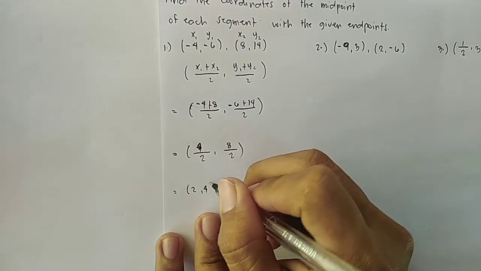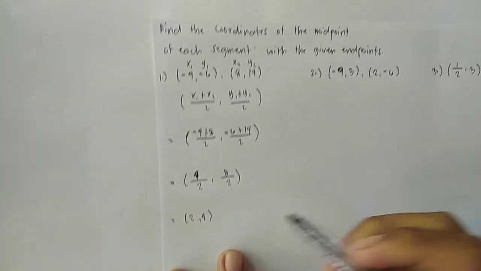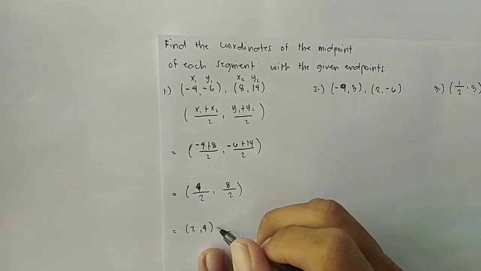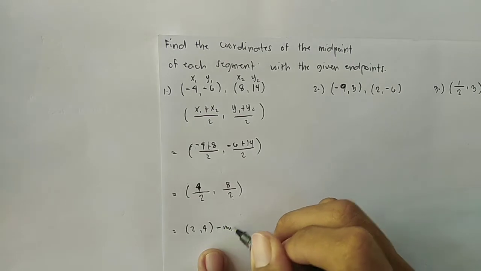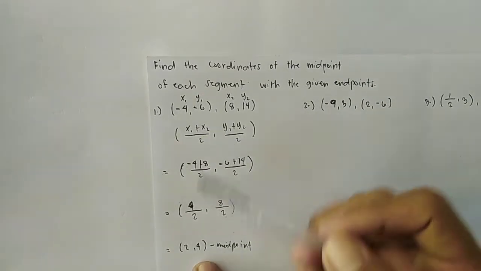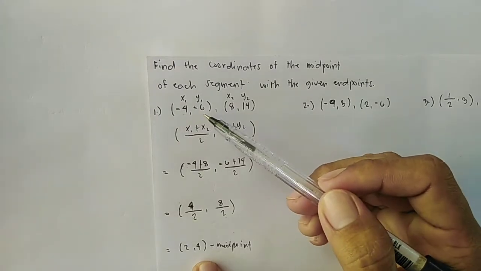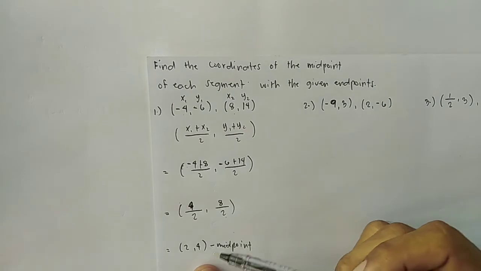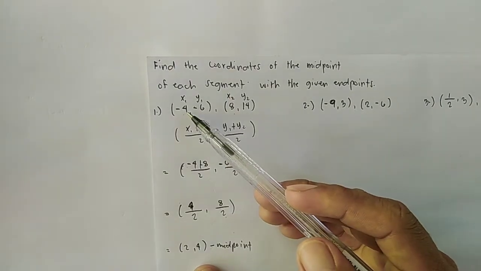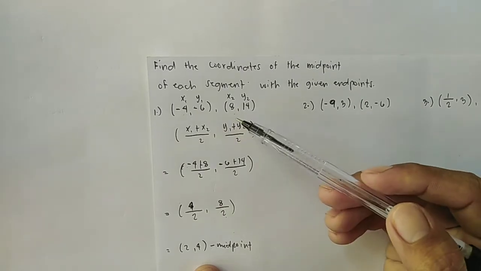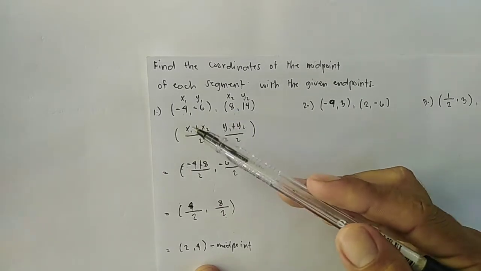Now we can say that the coordinates 2, 4 are the midpoint, the middle point between -4, -6 and 8, 14, which are our endpoints in the line segment.